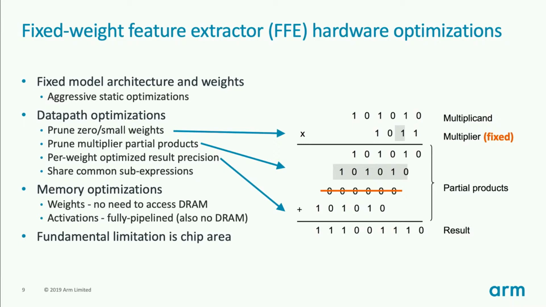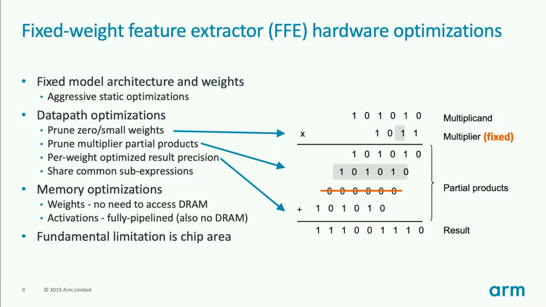Then if you consider this long multiplication example on the right-hand side here, we can also prune the partial products. Any zeros in the fixed multiplier always result in zero partial products, so we can remove the hardware for those as well. And because we're accumulating fewer partial products at the end of the multiplication, we can optimize the precision of the result as well.